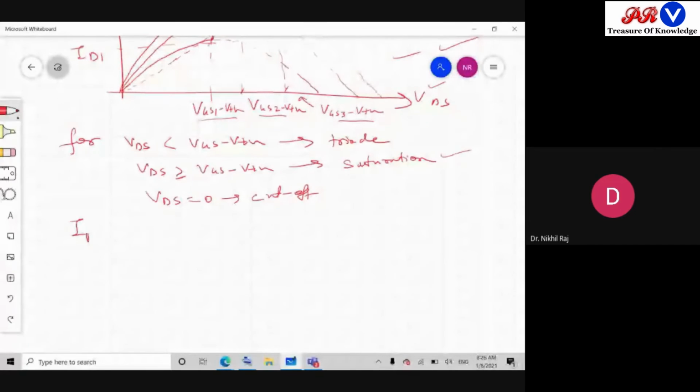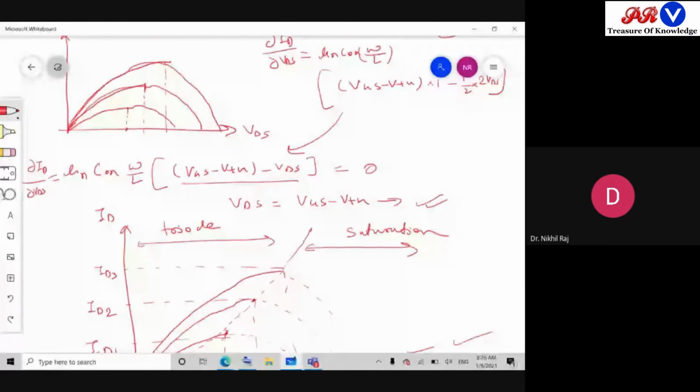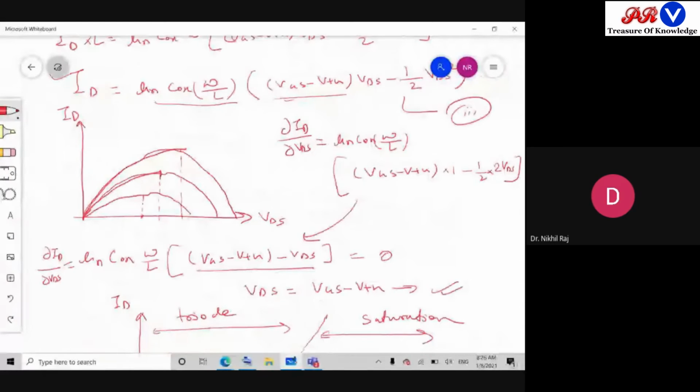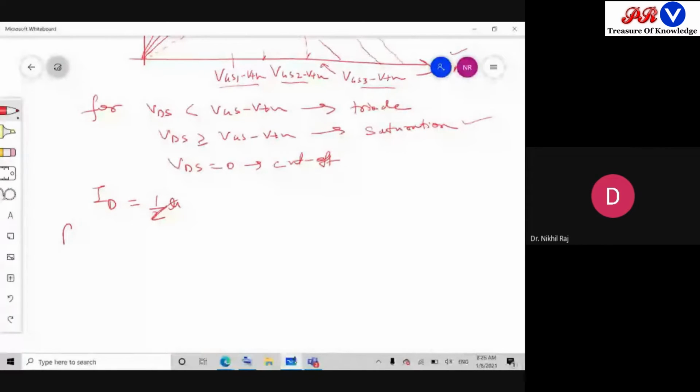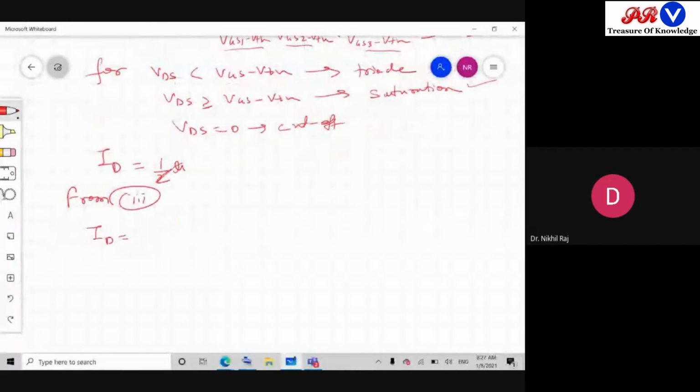What happens in saturation? So we know this was the ID equation, sorry, what was the ID equation? ID was given by equation number 3. So we'll rewrite equation 3 here. From 3, ID equals mu n Cox W by L, VGS minus VTH times VDS minus half VDS square.